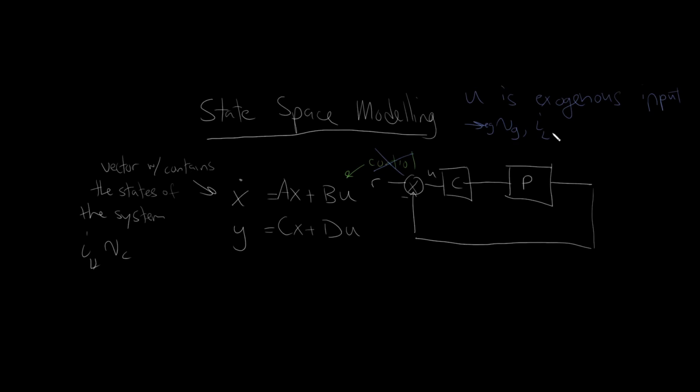We're typically trying to control the output voltage. That might be our Y, right? And our control input is actually D for pulse width modulated converters, right? It could be F for other converters, but for this specific example, it's going to be D.